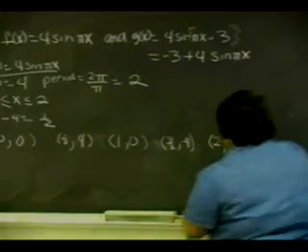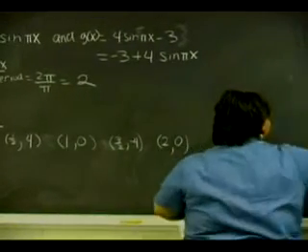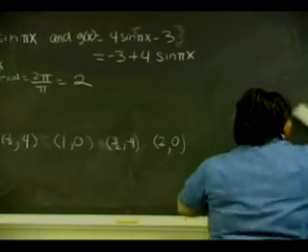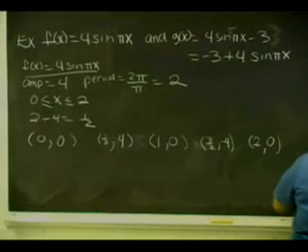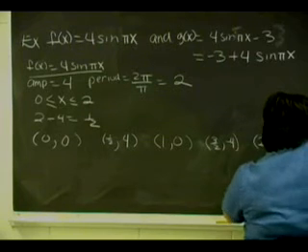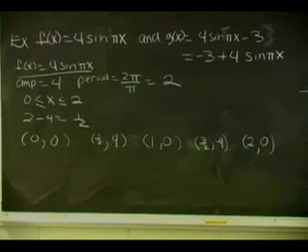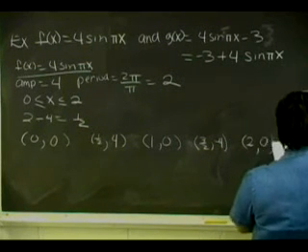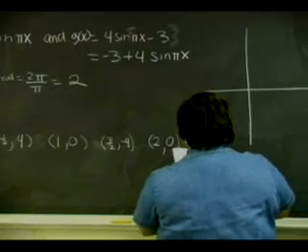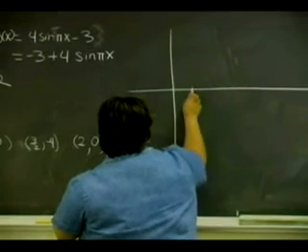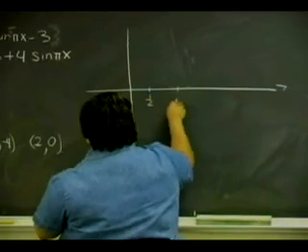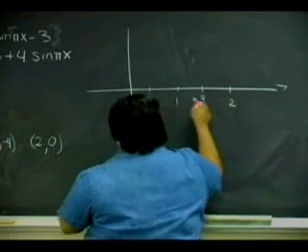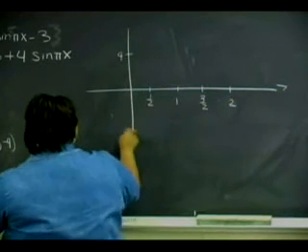So what this means is I can go ahead and draw the first graph. And I can go ahead and label my points as 0, 1/2, 1, 3/2, 2, with an amplitude of 4.